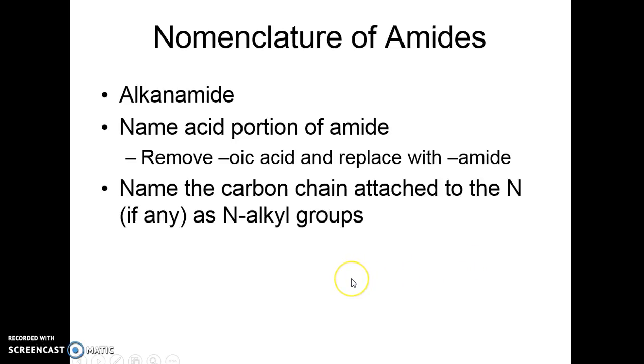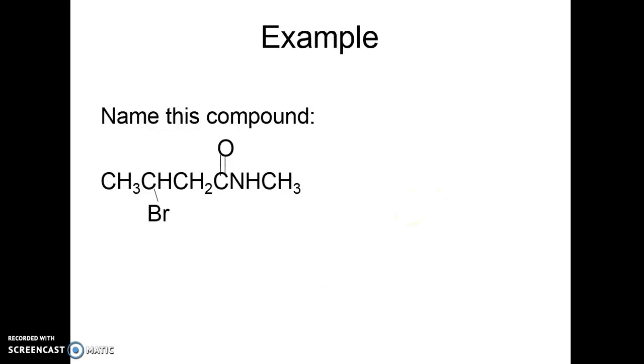When the nitrogen is substituted, we name that substitution, the alkyl group on the nitrogen, as we would an alkyl substitution on the rest of the chain, except instead of a number, we put N in front to give its location. Let's look at some examples. Right here we have the amide that is made from 4 carbons, so that would be butanamide.